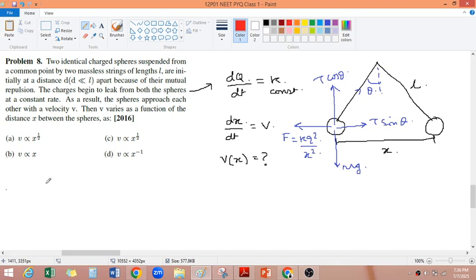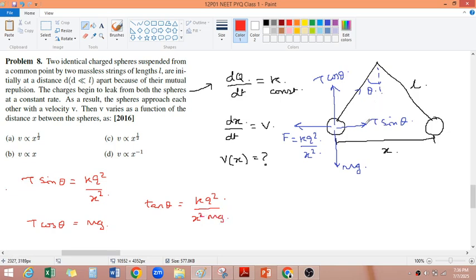So T sin theta should be equal to kq squared by x square, and T cos theta must be equal to mg. So equation 1 by equation 2, I will get tan theta is equal to kq squared divided by x squared mg.